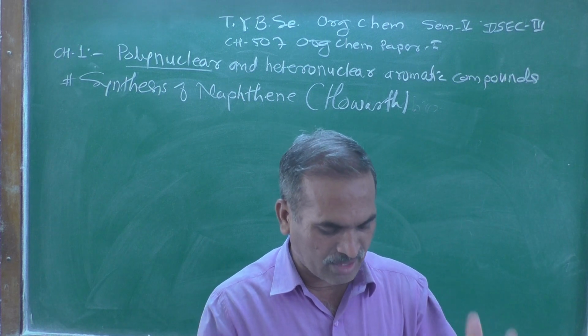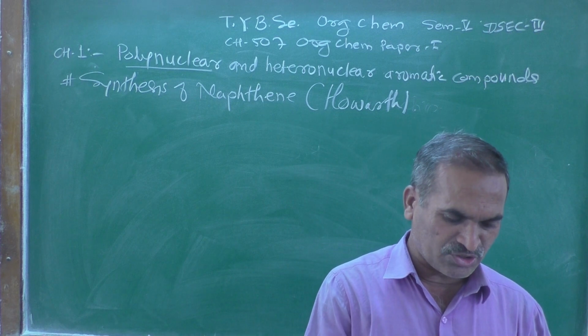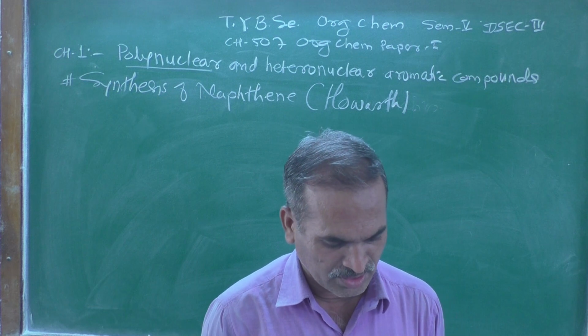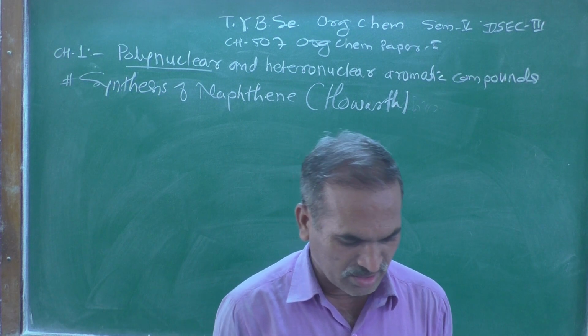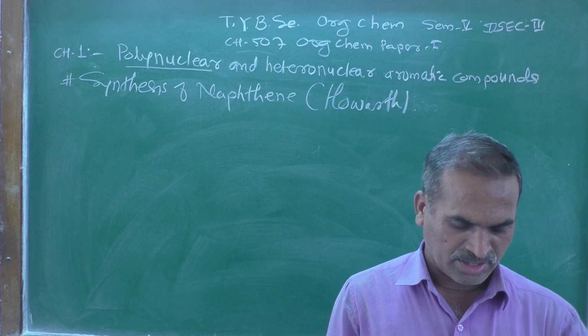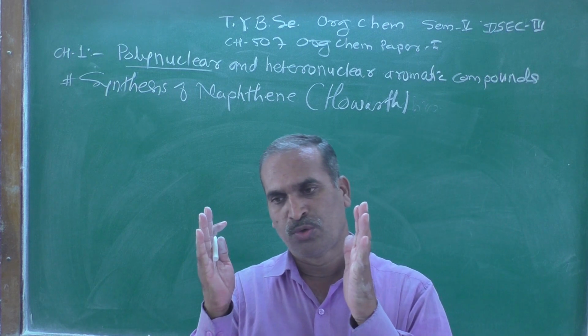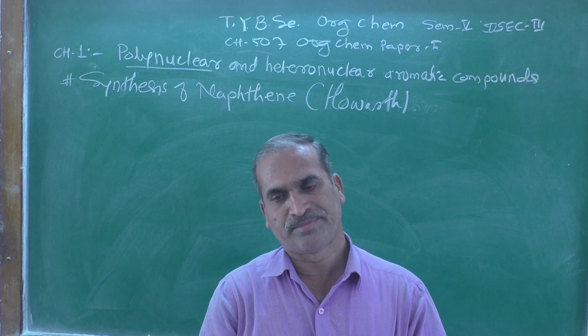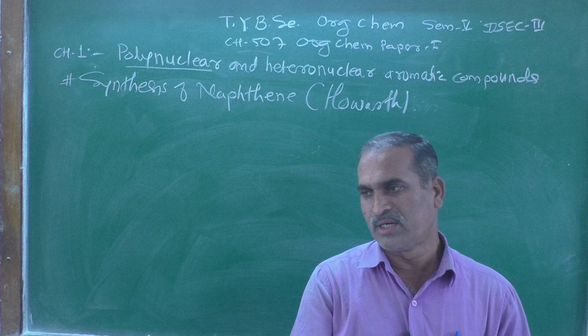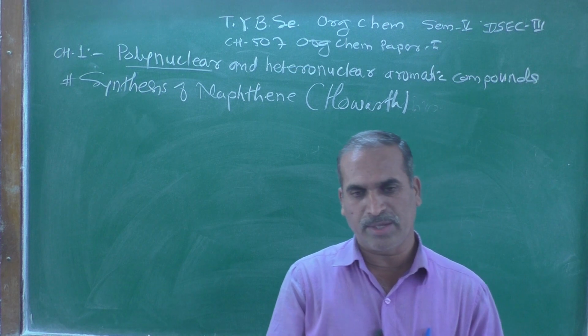Haworth has developed a synthesis of naphthalene starting from benzene using Friedel-Crafts acylation reaction as follows. What he did, how he synthesized naphthalene in the laboratory.